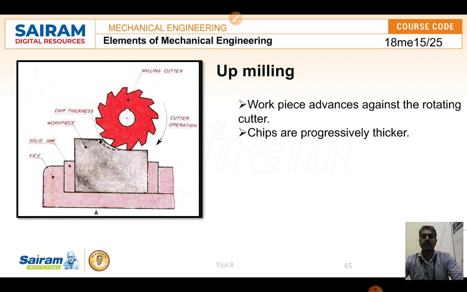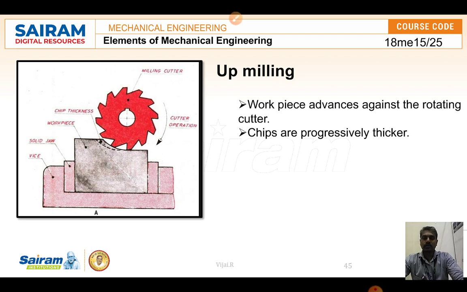In the case of up milling, imagine that the rotor is rotating in the clockwise direction. The milling cutter, which has multi-point cutting edges, rotates clockwise, and the workpiece, which is held in the vise, is moved towards the milling cutter.